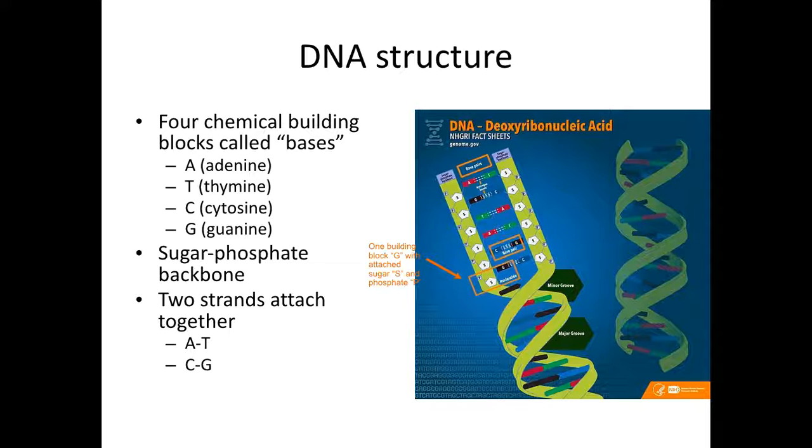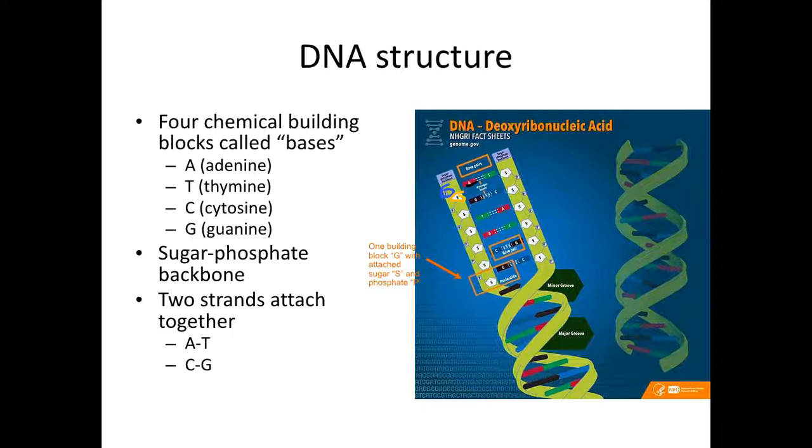All right, DNA and its chemical structure. So, nucleic acids, both DNA and RNA, are made of chemical building blocks called bases. Each base consists of a phosphate, a sugar, and then a nitrogenous base, all attached together.